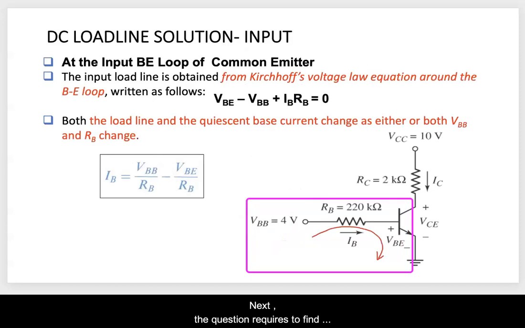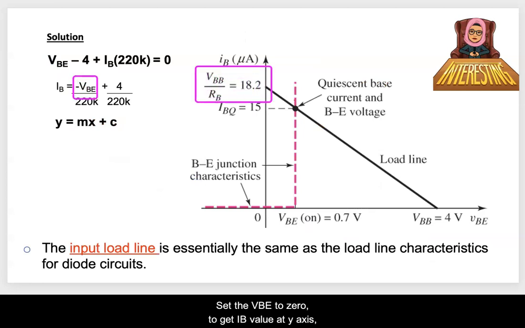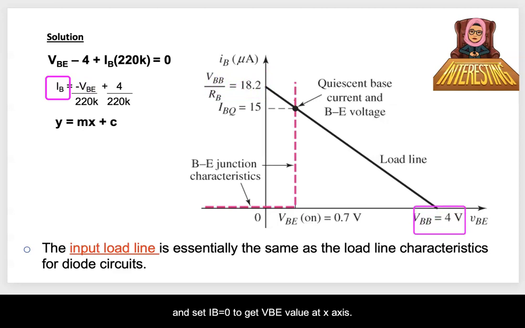Next, the question requires us to find the IB value. Write the KVL of the BE loop as IB equals VBB over RB minus VBE over RB. Then, set VBE to 0 to get the IB value at the y-axis and set IB equal to 0 to get the VBE value at the x-axis.